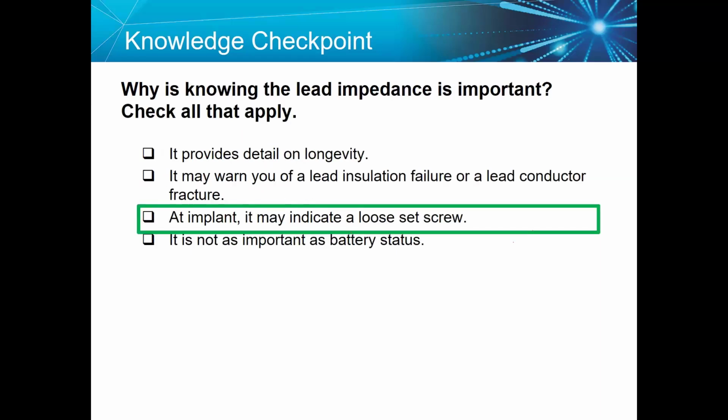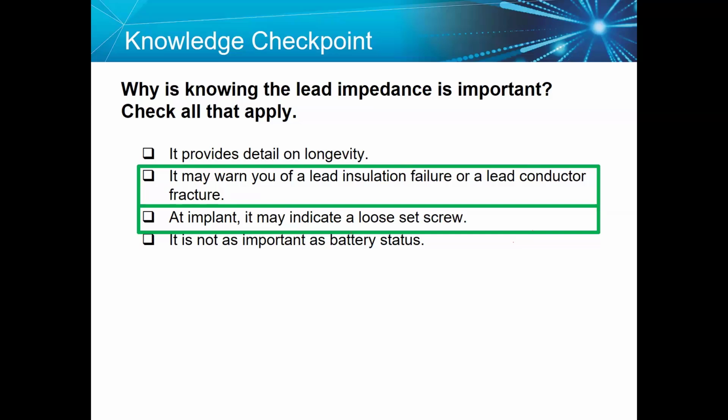The second answer, it may warn you of a lead insulation failure or lead conductor fracture. So it is also correct. In the case of a loose set screw, immediately after implantation, when we measure the battery and lead impedance, we will see a high lead impedance.